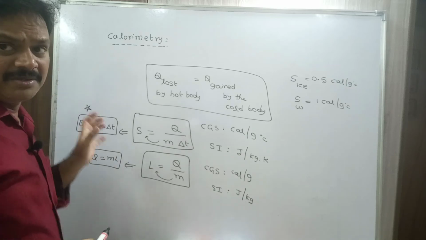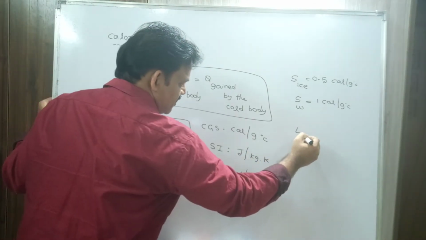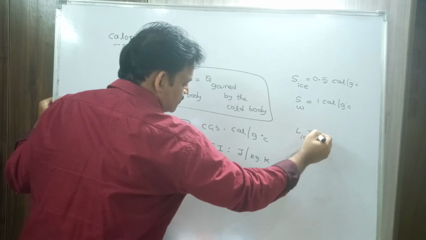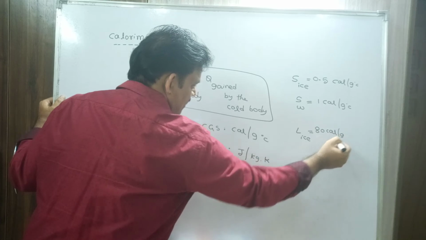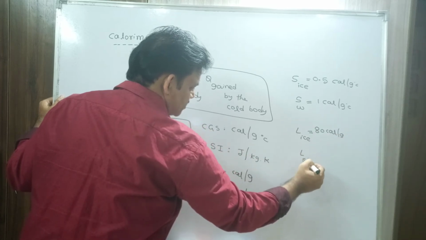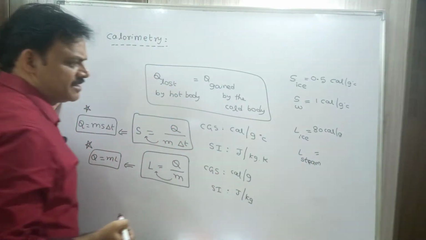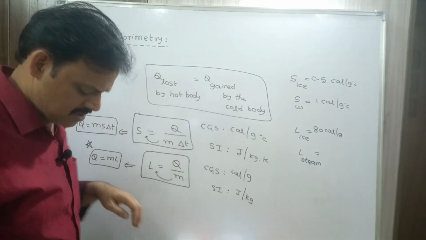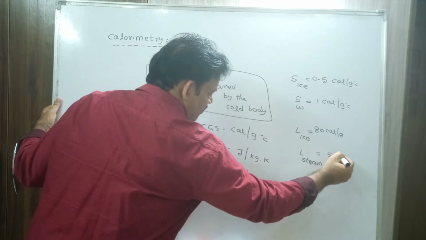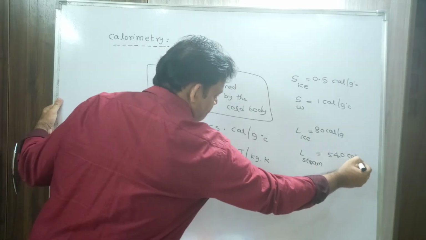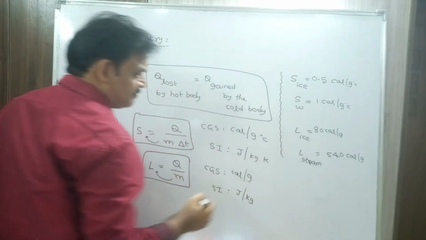You need to remember these values for doing problems. The latent heat of ice is 80 calories per gram. And the latent heat of vaporization, that means steam, its value is approximately 540. In some textbooks they give 536, no problem. 540 calories per gram. So these are the 4 values you need to remember.